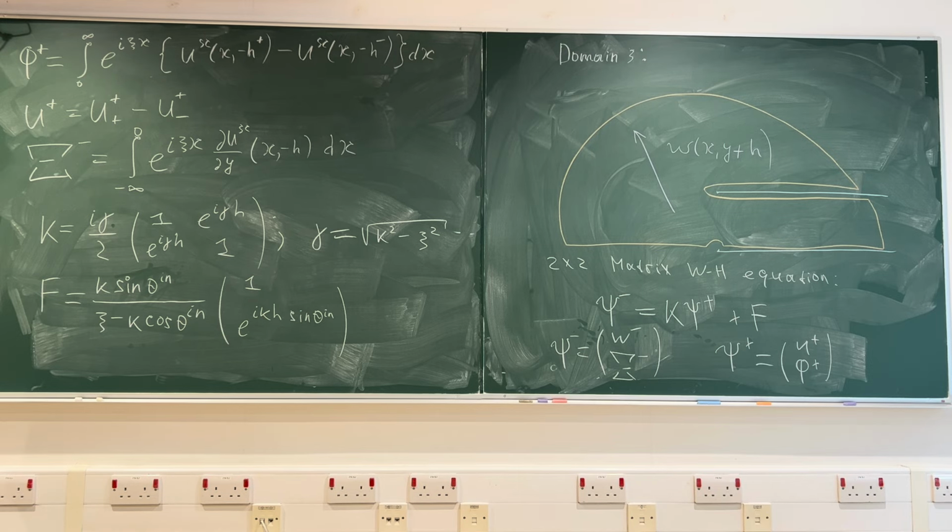So what I will do is I will show that we can reduce the system of two coupled equations to just two scalar Wiener-Hopf equations.